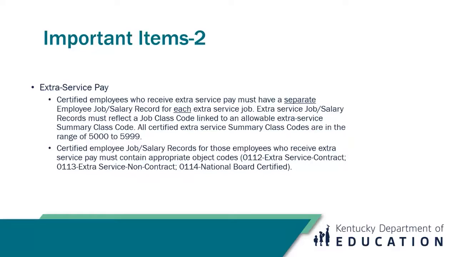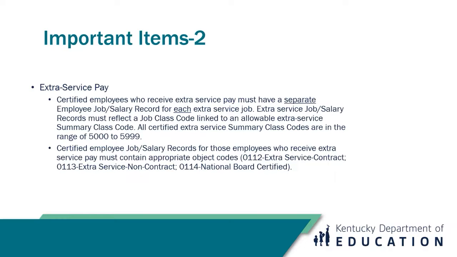So, extra service pay. Certified employees who receive extra service pay must have a separate employee job salary record for each extra service job. I've seen where districts try to lump these extra service jobs into one record, and each has to have its own extra service job record.